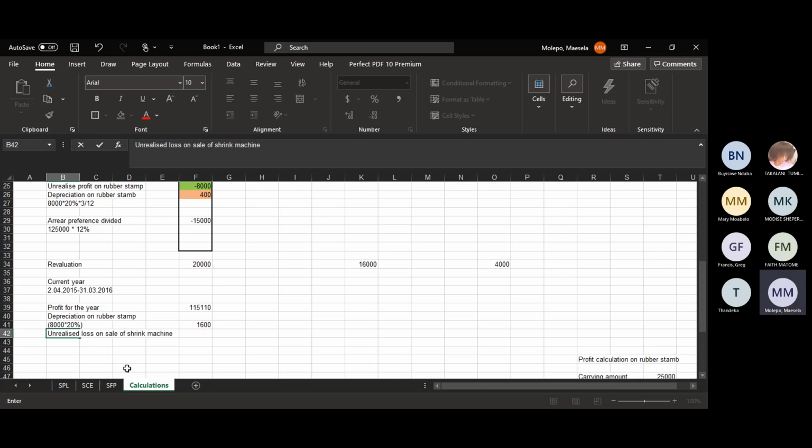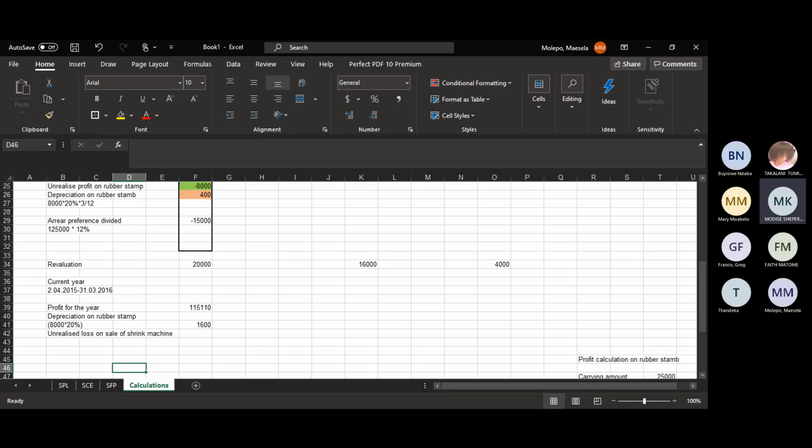How much was the unrealized loss? Lise? So we calculate it on the 20%.